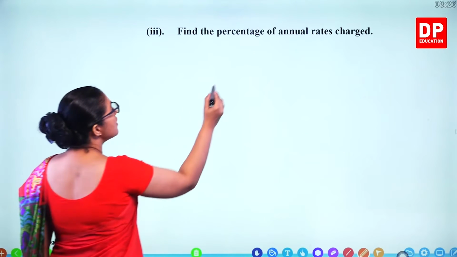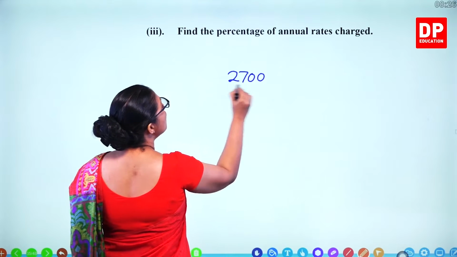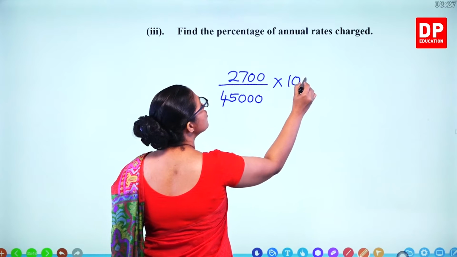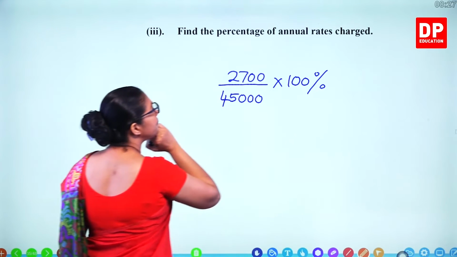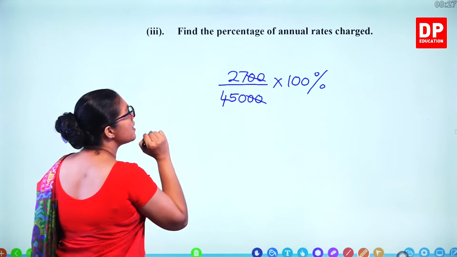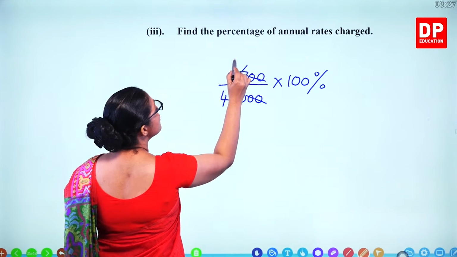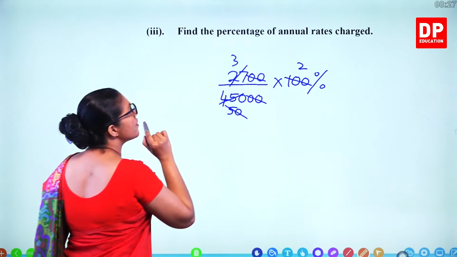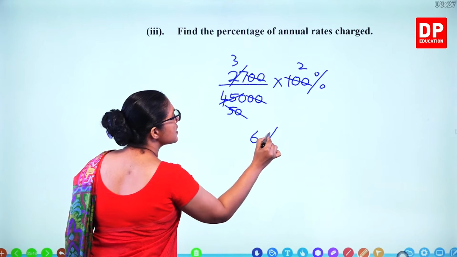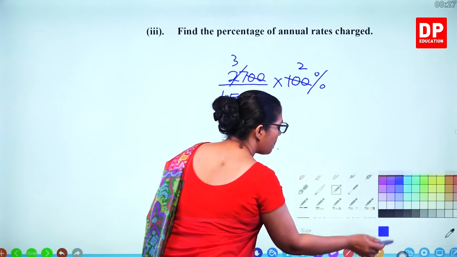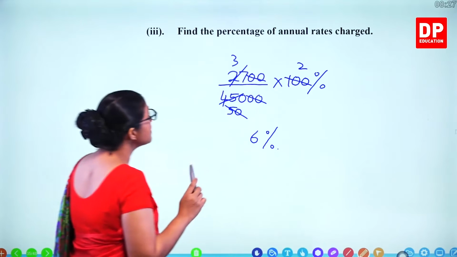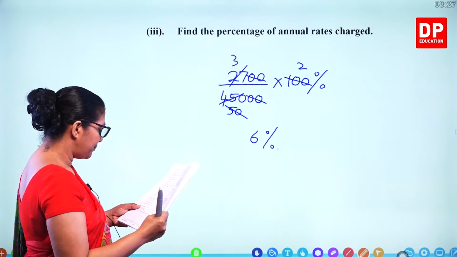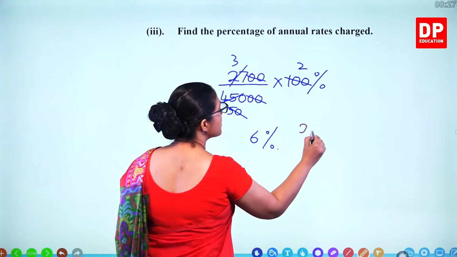So, 2,700 for 45,000 rupees multiplied by 100% to get the percentage value. 2 zeros get cancelled out. 9 times 3, 9 times 50. 50 times 200. 2 times 3, 6%. So, 6% is the annual rates, percentage annual rates. So, how many marks for that? Again, 2 marks.